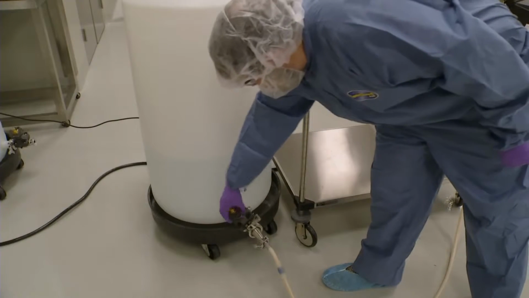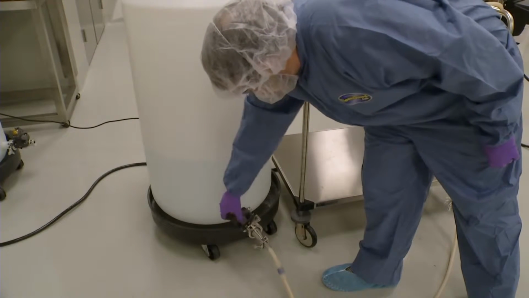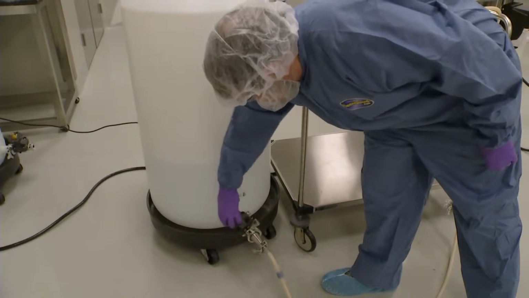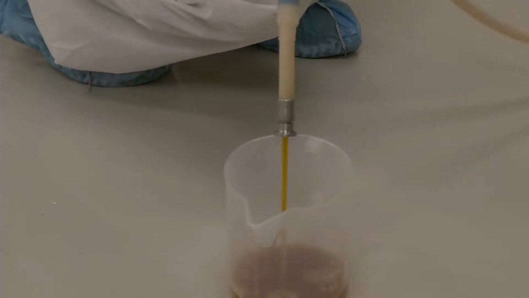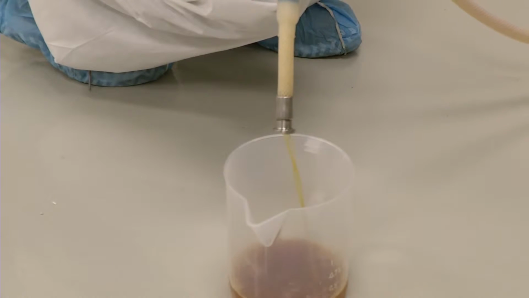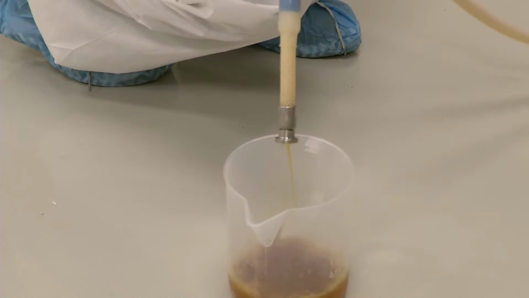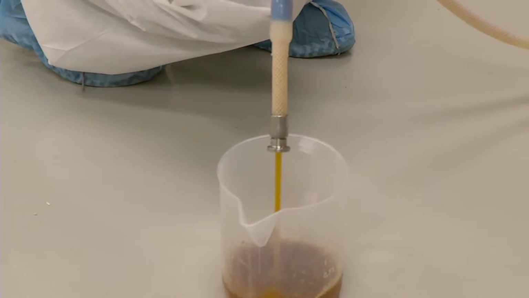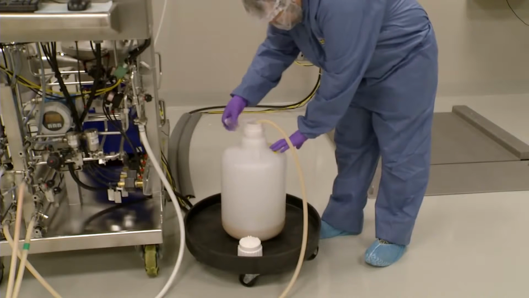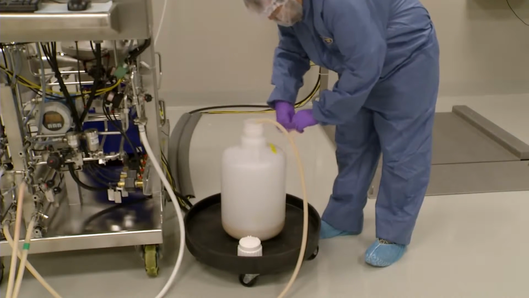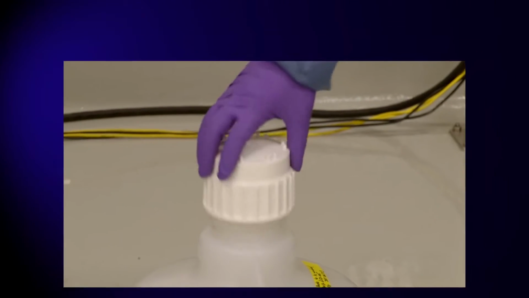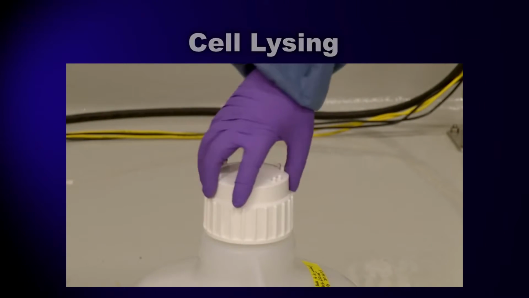The cell paste is suspended in a buffered solution and then run through the centrifuge again. As the clarified liquid leaves the centrifuge this time, it carries many of the contaminants from the fermentation step with it. The cells, once again in paste form, are ready for the next step, cell disruption, also called lysing.